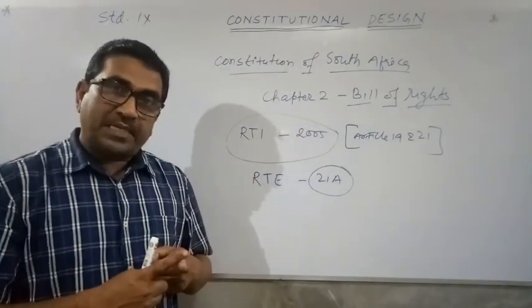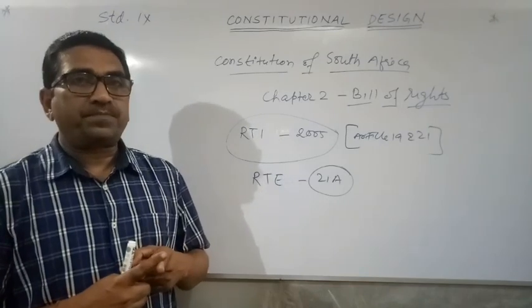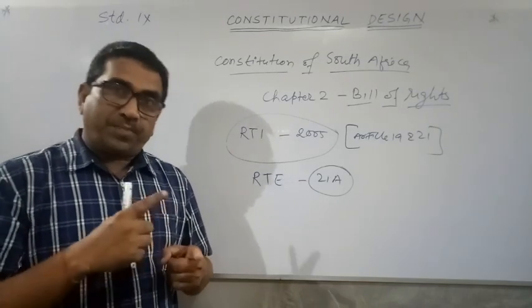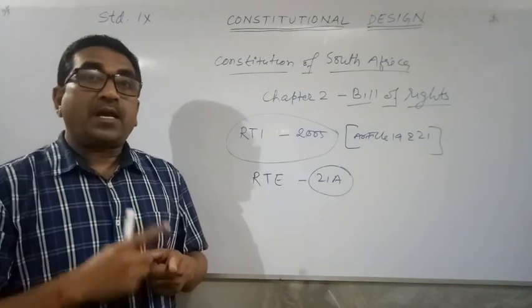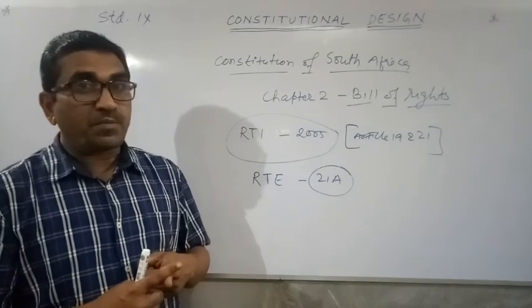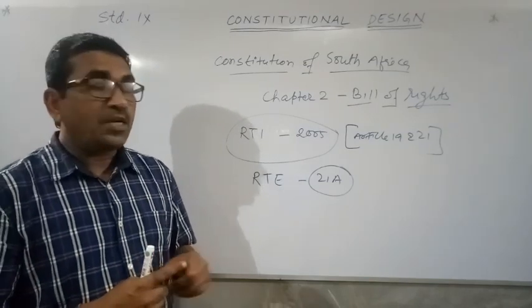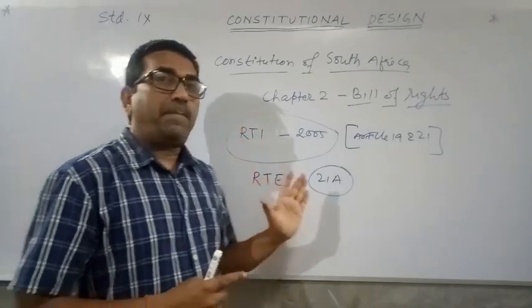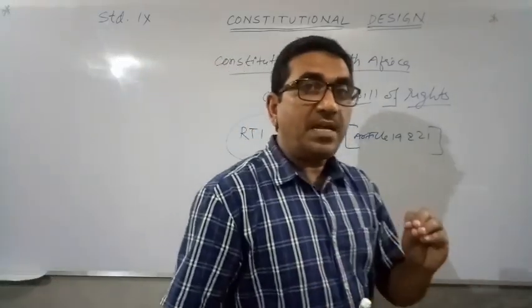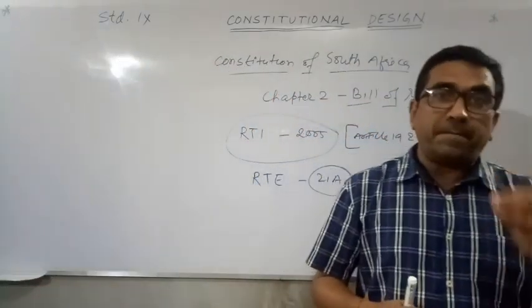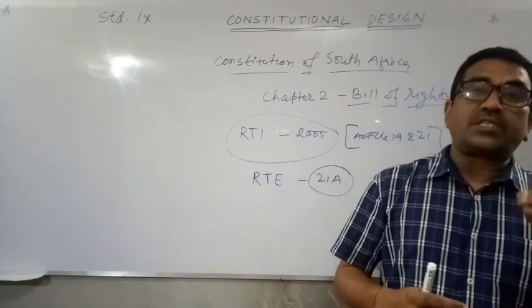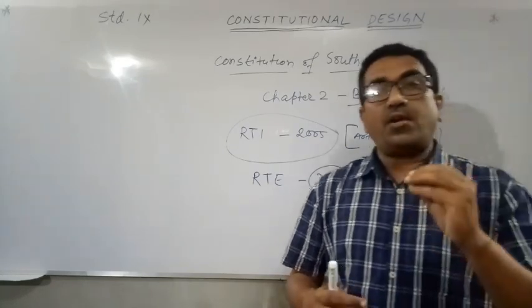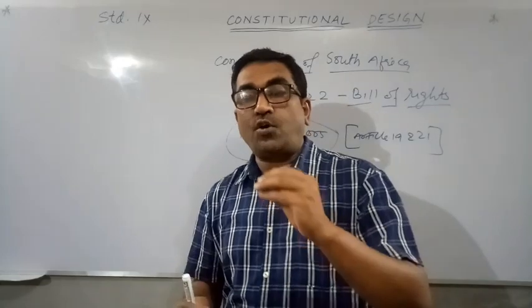Right to life, yes, it is mentioned in our constitution. Right to privacy, not mentioned. Right to environment, not mentioned in our constitution. So these are the basic rights. There are many basic rights which make the constitution of South Africa far ahead of the constitution of India.